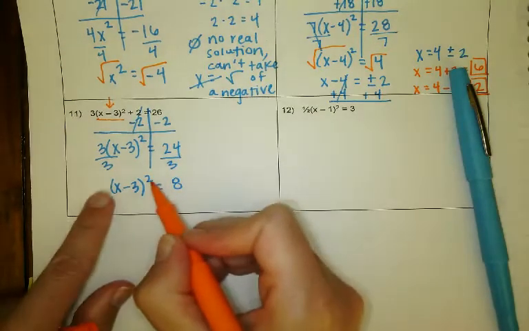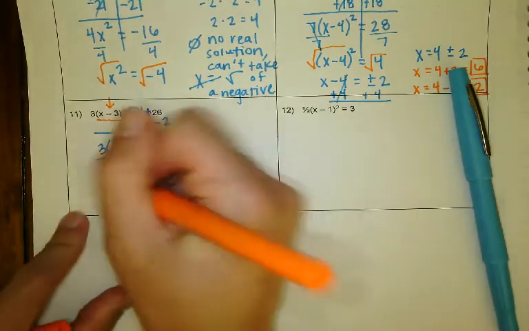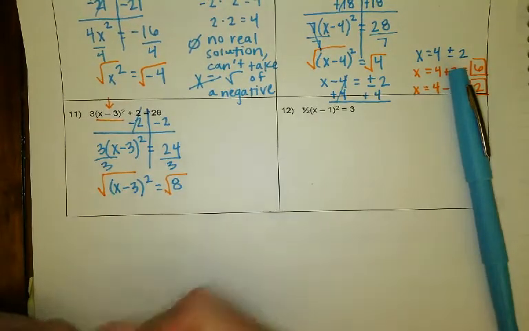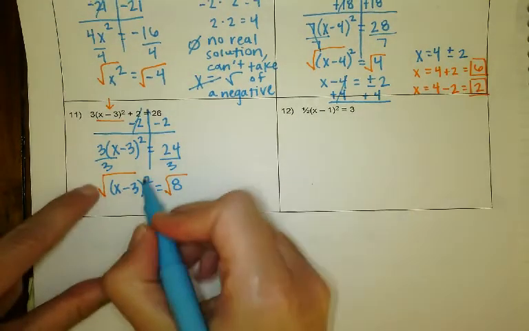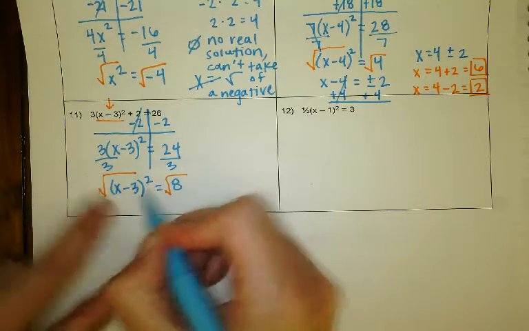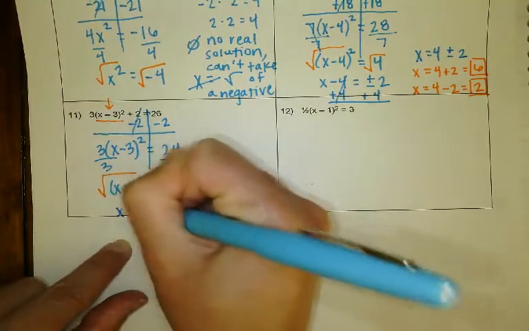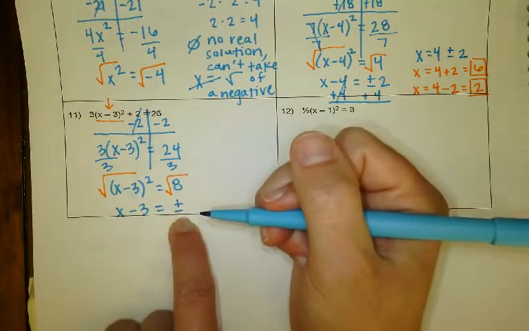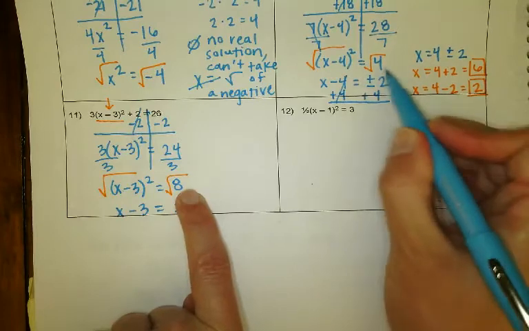Now that I have the squared parentheses alone, I'm ready for the square root of both sides. So when I square root, it's canceling the squared and leaving me just x minus 3. This is where my plus or minus comes in. 8 isn't a perfect square like this last one.